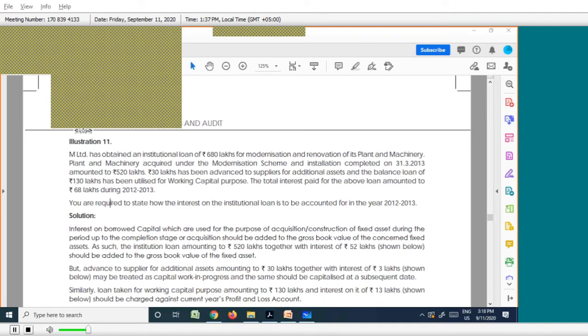We have to link with the continuation of the question and assume that it also belongs to a qualifying asset. That is the only option. So I am assuming that the additional asset is also part of this modernization program. So 520 plus 30, 550, both are qualifying assets.